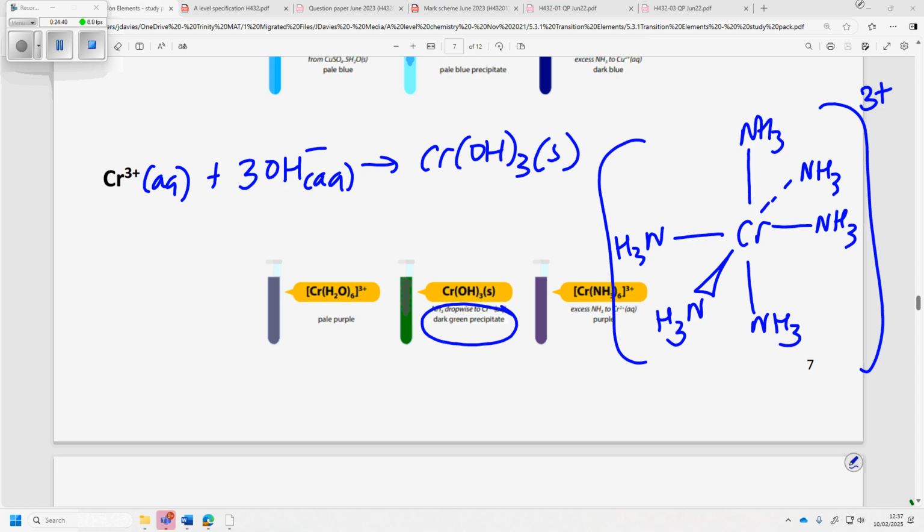There's quite a bit to learn there, but learn it you must, because in an exam they could be leading you into the question by talking about the colours of the solutions and the colours of the precipitates, and that has to activate in your brain the formula of the compound that they're talking about.